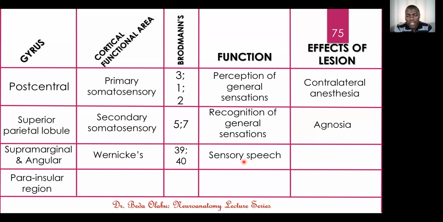If you injure Wernicke's cortex, therefore, you expect this patient not to be able to understand what they are saying or understand what they're being told, understand what they are reading. They'll have what you call receptive aphasia. They cannot understand what they are saying, what they're being told, what they are reading.